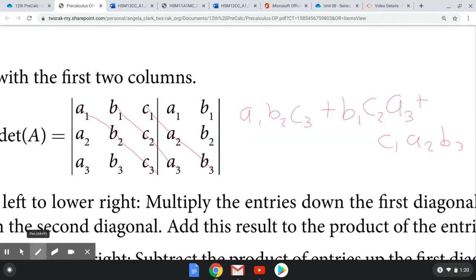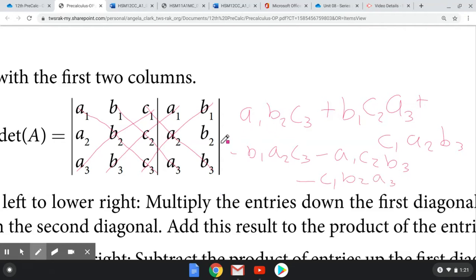Then we're going to go the other direction. We're going to subtract now this diagonal. So that would be minus B1, A2, C3, minus this diagonal, A1, C2, B3, minus this diagonal, C1, B2, A3.